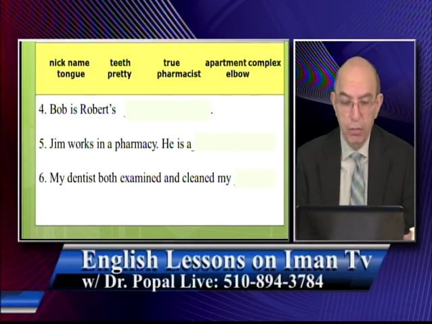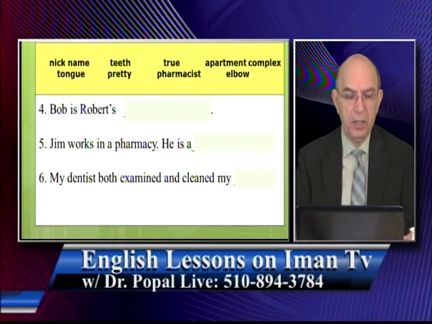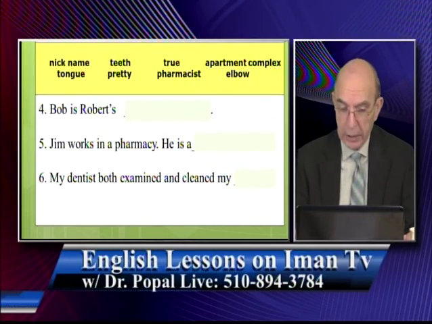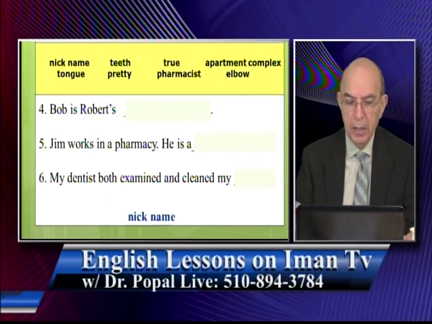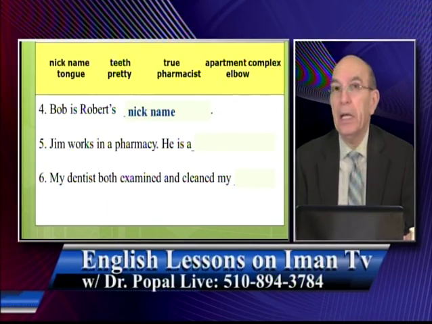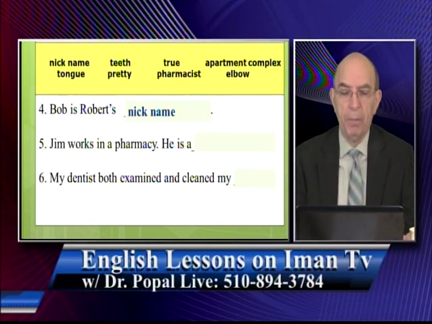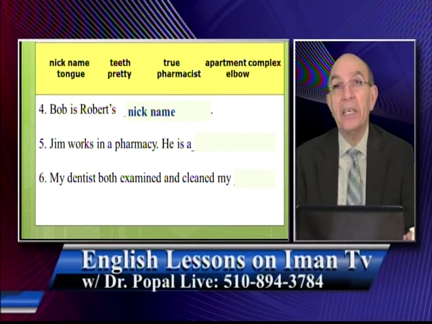Sentence number 4. Bob is Robert's what? Which words can you use over here? The correct answer is nickname. Nickname is what? A given name, a shortened form of a name. So for Robert in English, Bob is the nickname.